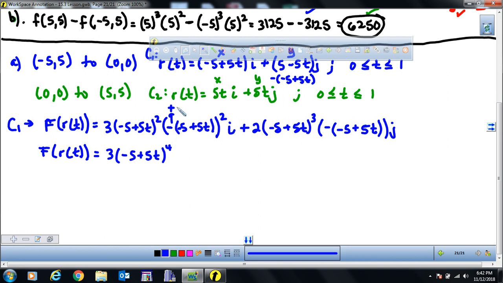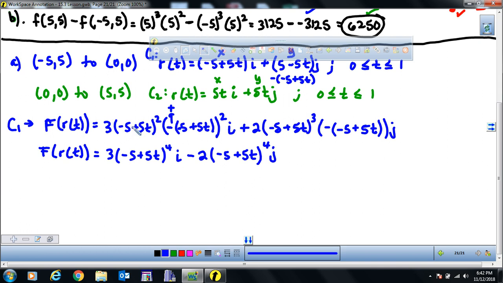And that negative became positive when I squared it. See? Right here, the same thing. Negative times 2 would be negative 2. And right here, we're going to have negative 5 plus 5t to the 3rd power times negative 5 plus 5t would be negative 5 plus 5t to the 4th power.